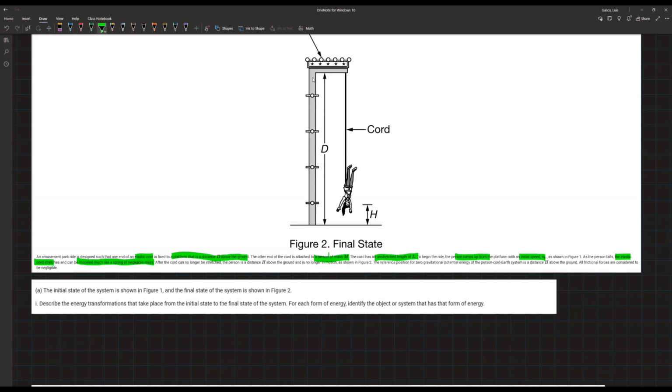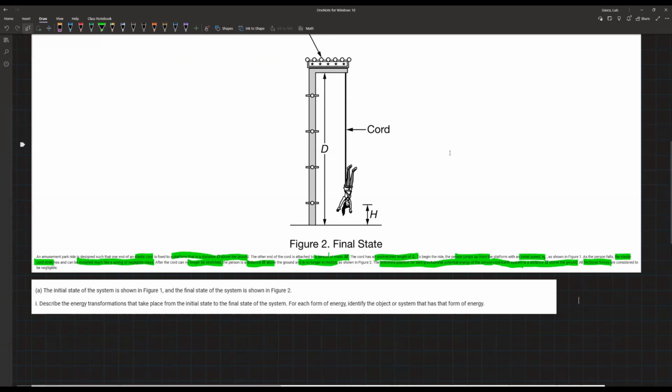After the cord can no longer be stretched, once it has reached maximum extension, the person is a distance h above the ground and is no longer in motion, as shown in figure 2. They tell us the reference position for zero gravitational potential energy of the person-cord-Earth system is a distance h above the ground, and all frictional forces are considered to be negligible.